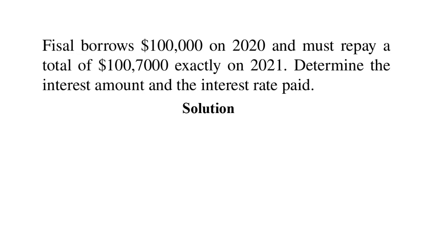Okay, let's now calculate it. It is 7,000 here, which is the interest amount. To find the interest rate, we have to apply the formula. What does the formula say? 7,000 divided by 100,000, times 100%.